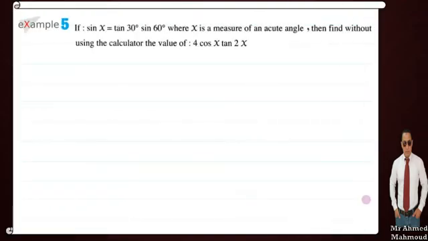Example 5. In the example, sine x equals tan 30 times sine 60, where x is a measure of an acute angle. Then find without using the calculator 4 cosine x tan 2x. First I need to find x.